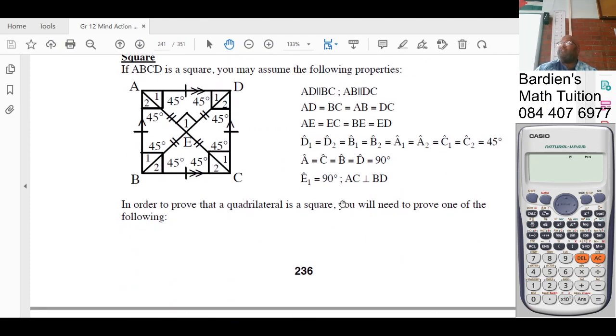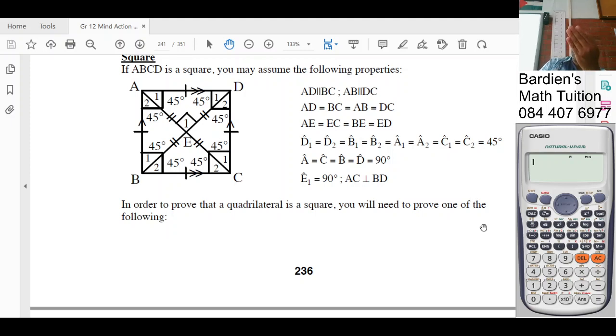A square has 7. The square is what they call the ideal quadrilateral, or the perfect quadrilateral. All the properties are in this one. Okay. All sides are equal. Opposite sides are parallel. Diagonals bisect each other equally.